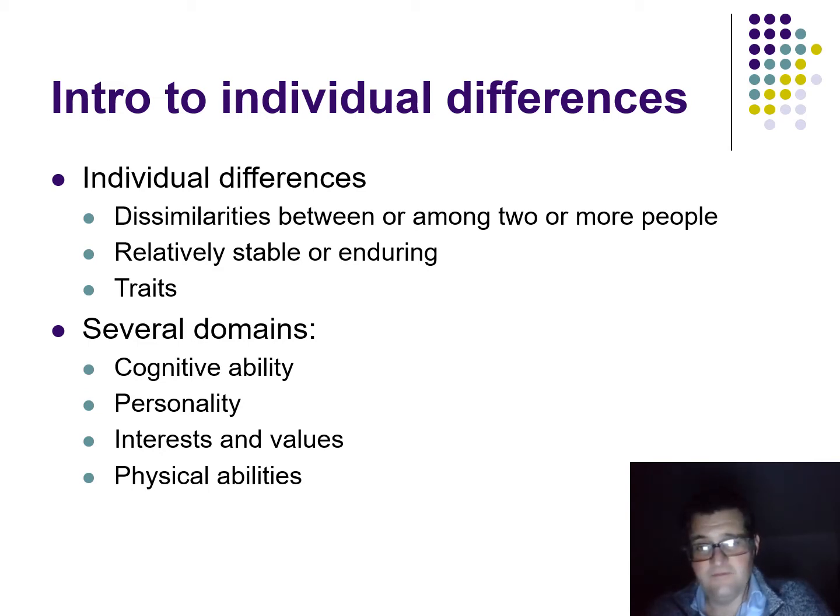Firefighters need to be able to lift a certain amount of weight, things like that. So there are physical abilities that differ amongst people and that are important for some jobs. Because they're not usually the kind of jobs we're going to talk about, we're not going to worry about that domain too much, but it is there.